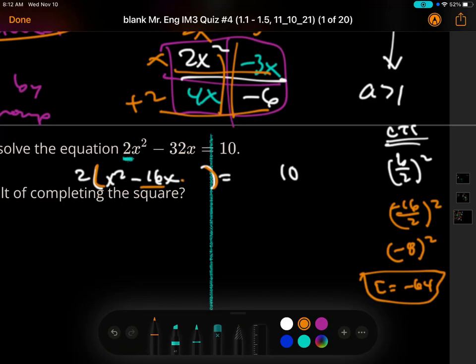Now, I need 64, but what value do I put over here? Well, remember, you can distribute, and you'll get 2x squared minus 32x minus 128. So in order to have negative 128 on that side, you're going to have negative 128 on that side. Hopefully that makes sense. Let me write this on the side, negative 128 plus 10, right?